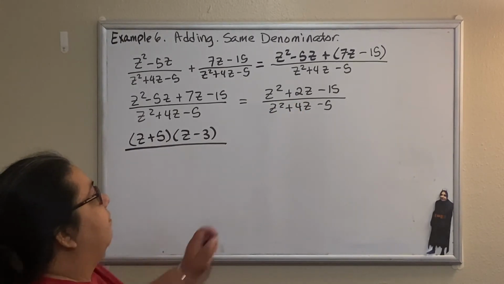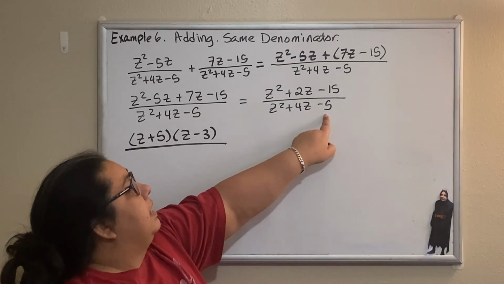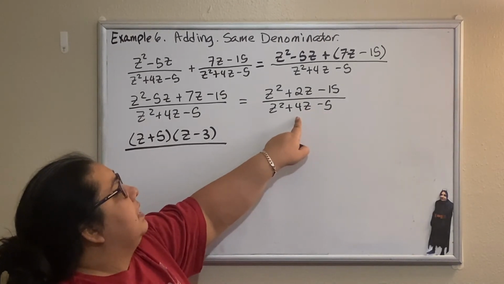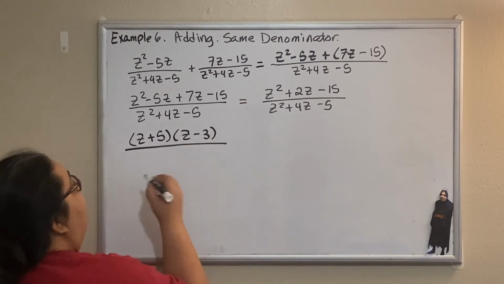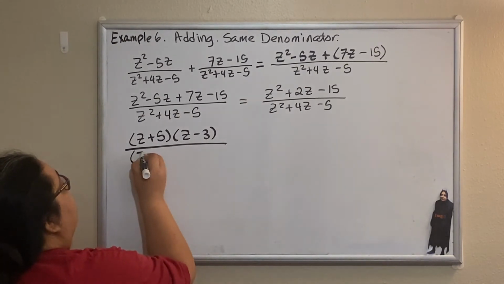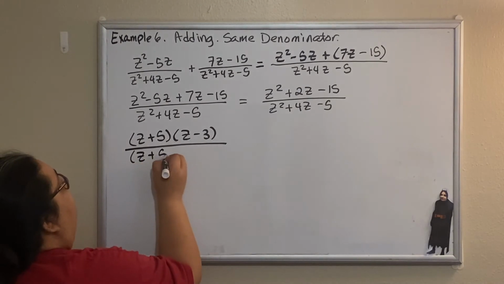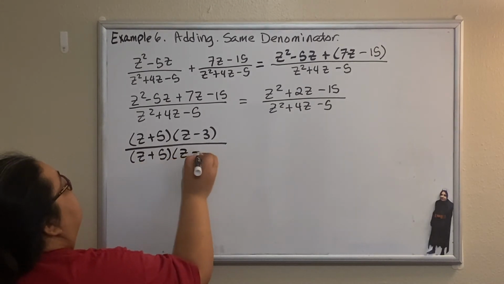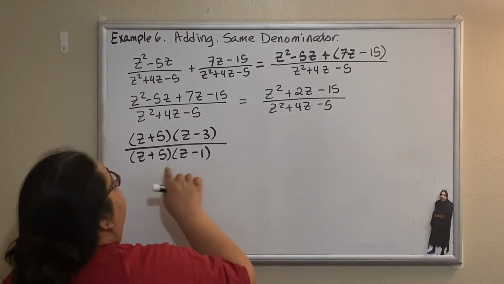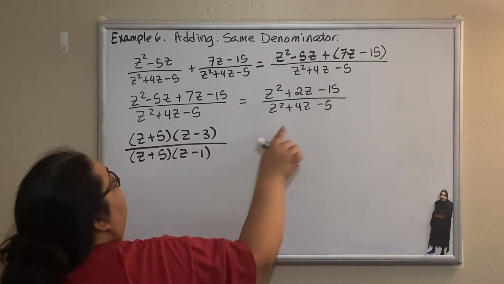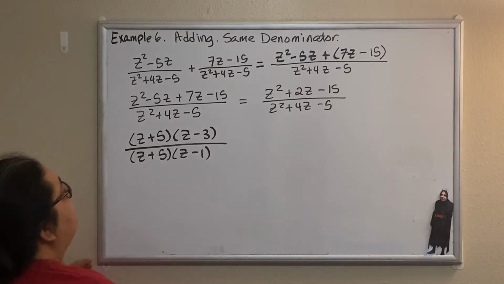And my denominator factored, I need to find numbers that multiply to give me negative 5, but add to give me positive 4. Well, that would be 5 and negative 1. So my factors would be z plus 5 times z minus 1. 5 times negative 1 is negative 5. 5 plus negative 1 is positive 4.